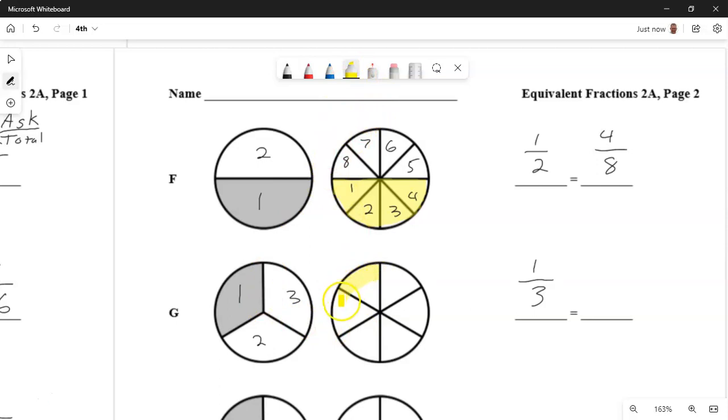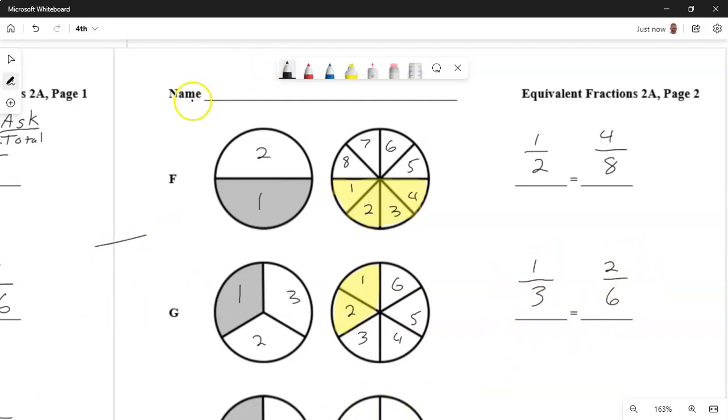This is the same amount as the one right next to it. So I had to shade in 1, 2 parts. So my numerator is going to be 2 out of 3, 4, 5, 6 total parts. So in this case, 1/3 is equivalent to 2/6.